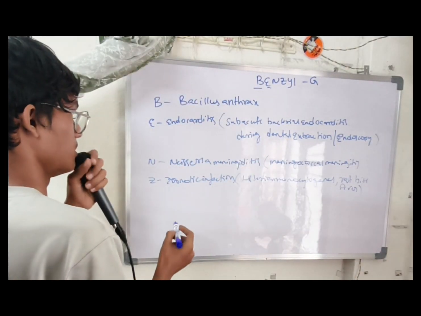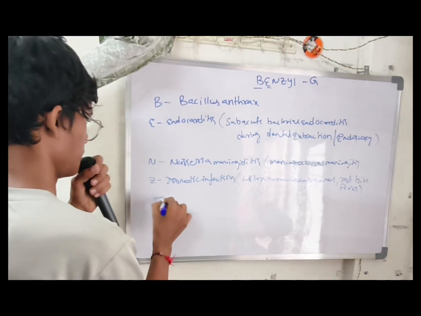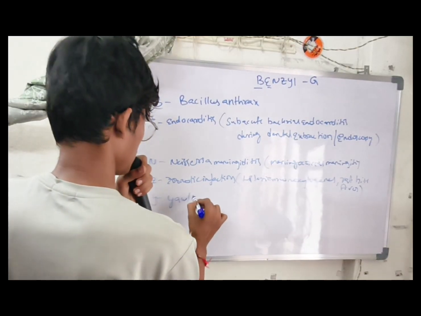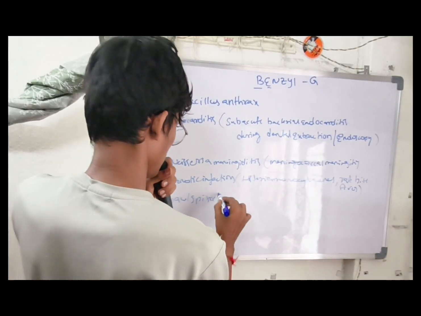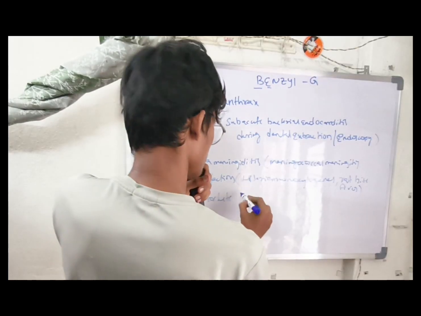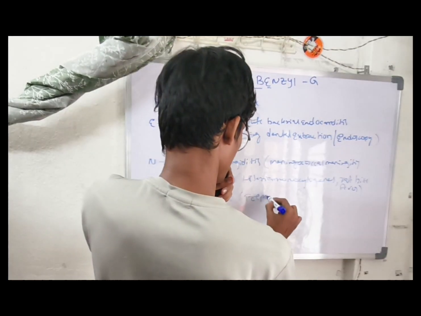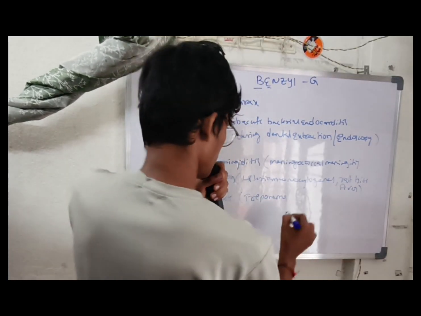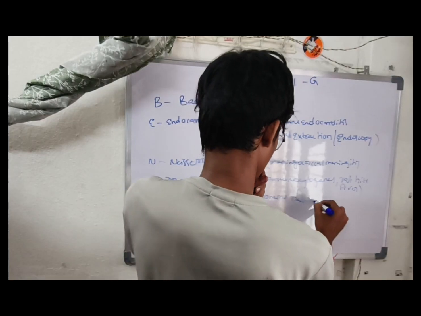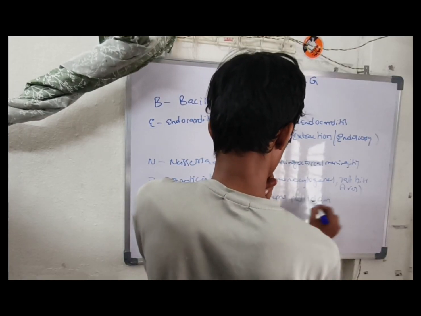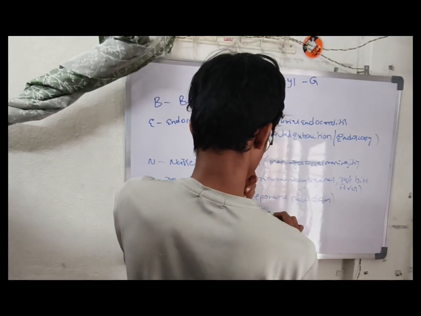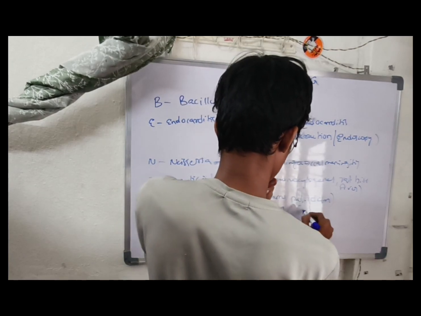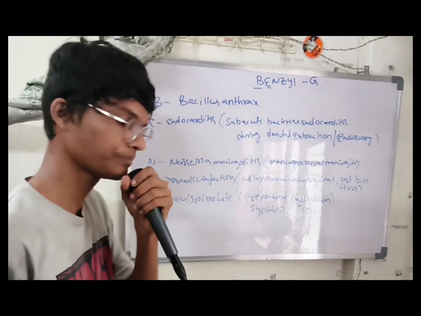Then Y for yaws, a spirochete disease caused by Treponema pallidum. What does it cause? Syphilis, right? So for syphilis, it is the drug of choice.